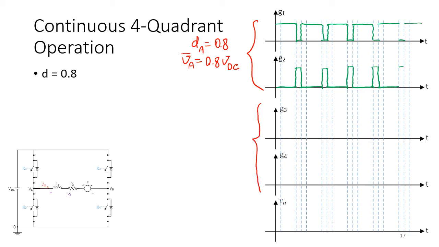For leg B, what will be the dB here? When D is 0.8, what will be the dB? 0.2. Yep. So VB average will be 0.2 VDC. This time it's like this.